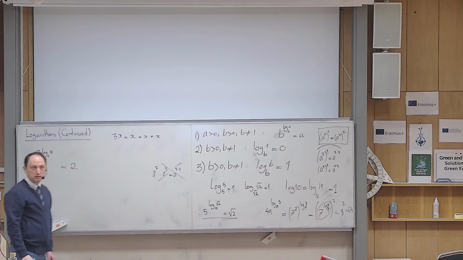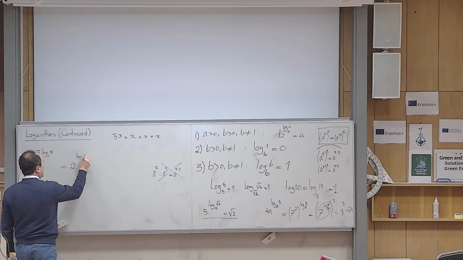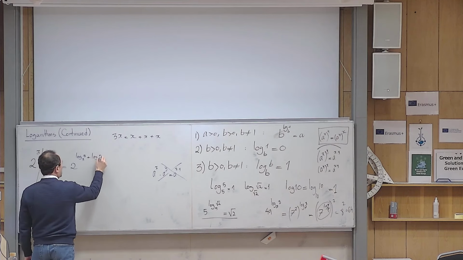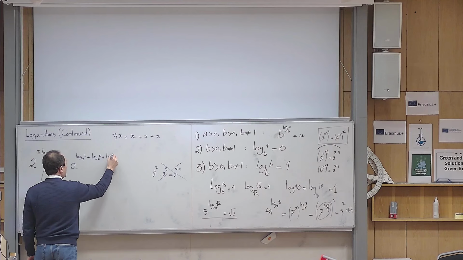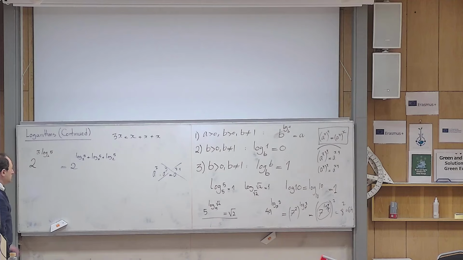In that spirit, what you are saying is true, because 3 times this log means log of 5 to the base 2, plus another log 5 to the base 2, plus another log 5 to the base 2. Okay, I accept this one from you for the time being because that's completely true.